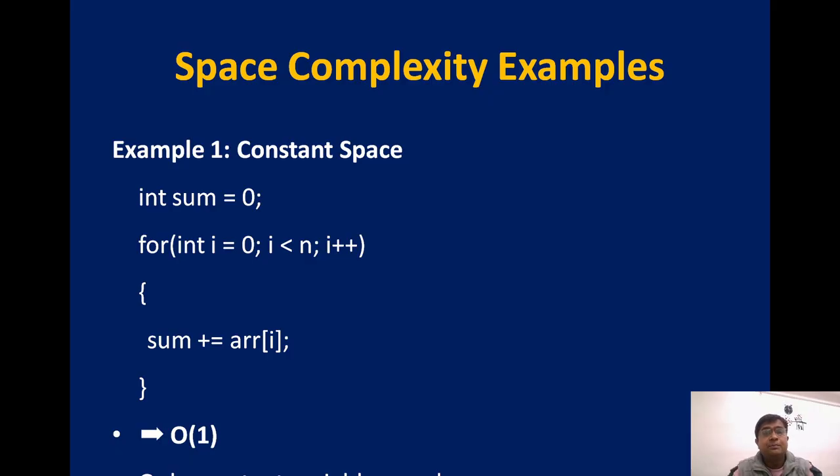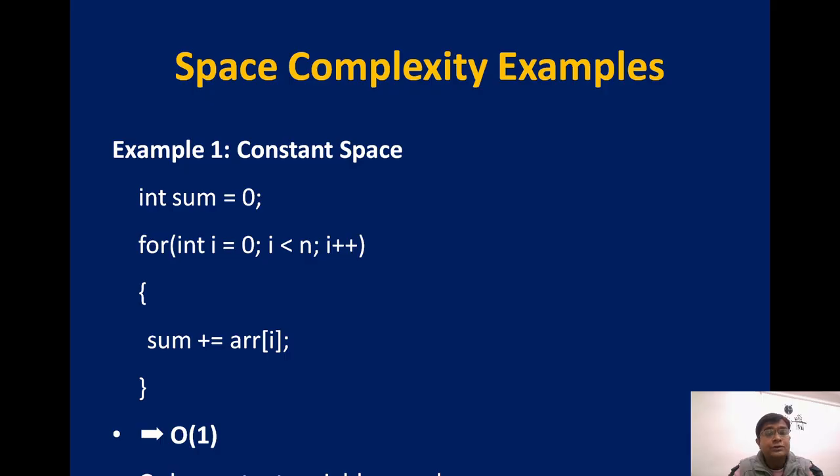Let's come to examples of space complexity. The first example is constant space. You have a sum variable, int sum equal to 0, and only a constant variable is used here. So the space complexity is O of 1.